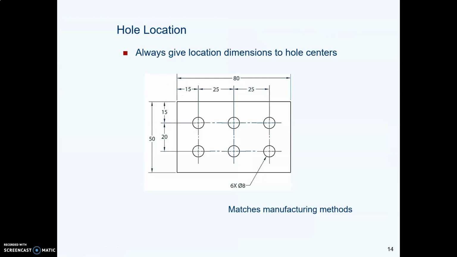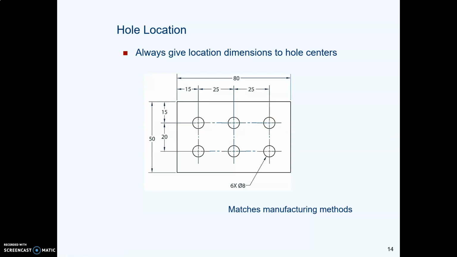To state the obvious, when you're giving the location of holes, you always dimension to the center of the hole. And I say that just because you occasionally will see a beginning drafter think they should dimension to the edge of the hole. That is never correct. We always dimension to the center of the hole, and that's an example of functional dimensioning again.